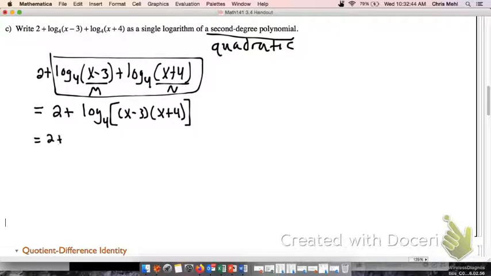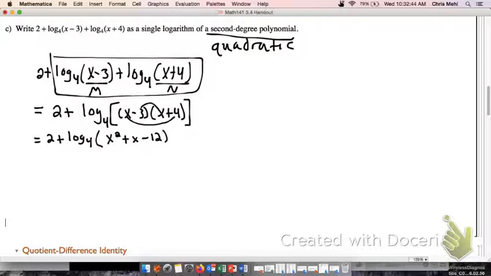This would be 2 plus log base 4, and I would just FOIL or multiply that out. x minus 3 times x plus 4 would be x squared, a minus 3x, so the minus 3x plus the 4x would be a plus x, and then of course the last term would be negative 3 times 4, which would be a minus 12.